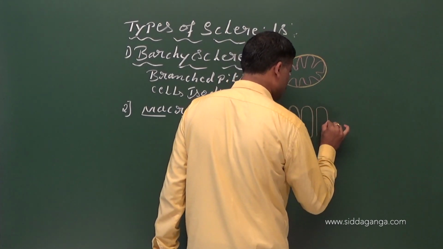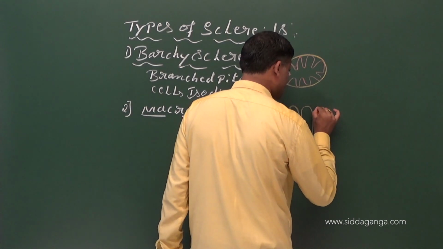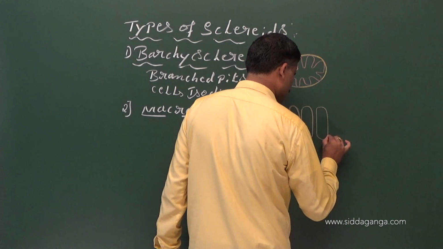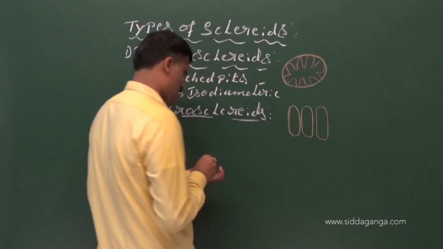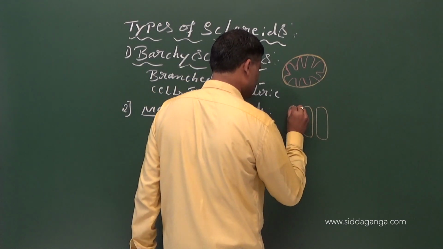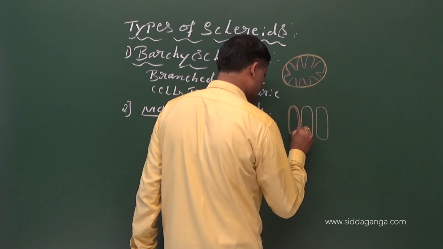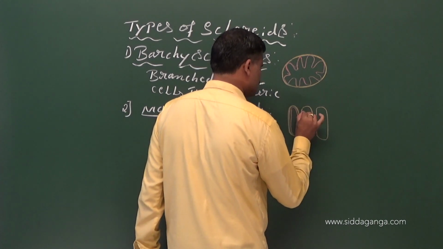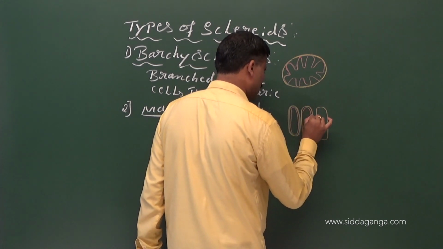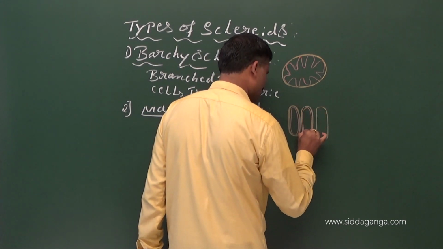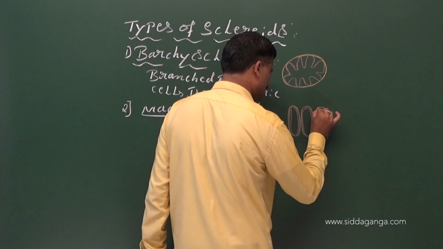Based on the shape, the sclerites are divided into the following types: Brachysclerites, then Macrosclerites. Here the lignin deposition is uniform. Sclerites belong to sclerenchyma, and sclerenchyma consists of a hard chemical substance called lignin, right?